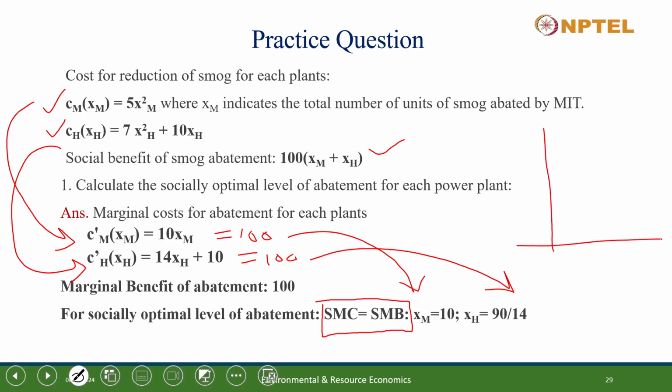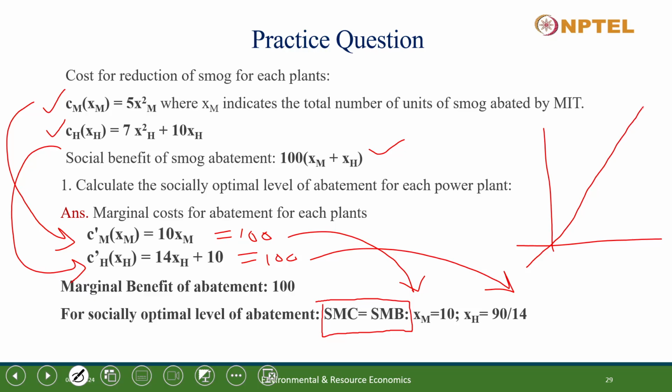So if we try to draw the marginal abatement cost curve, then in case 1, when there is zero abatement, the cost is 0, and the slope will be about 10.